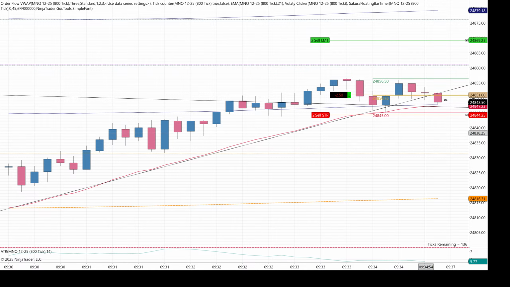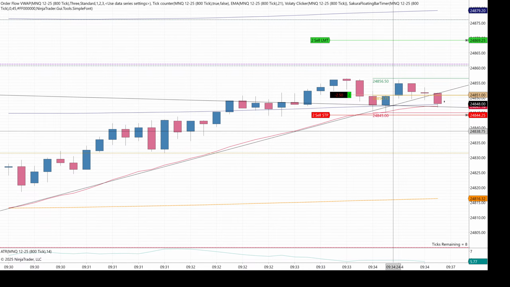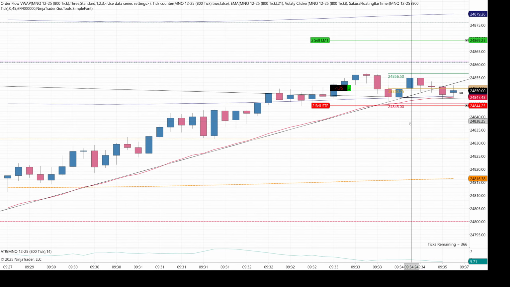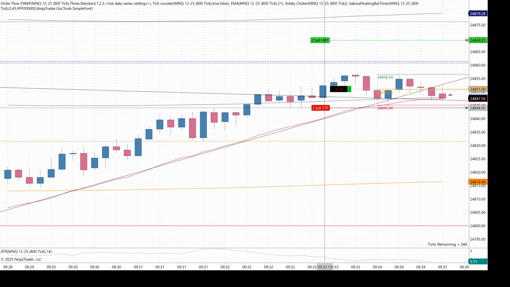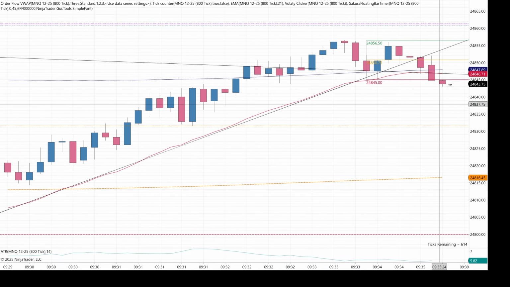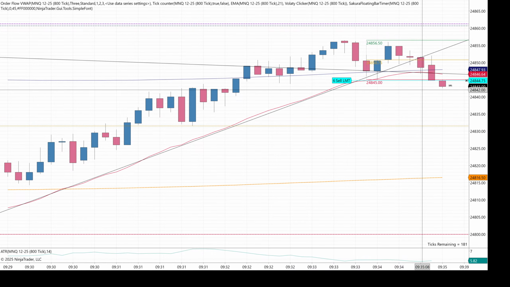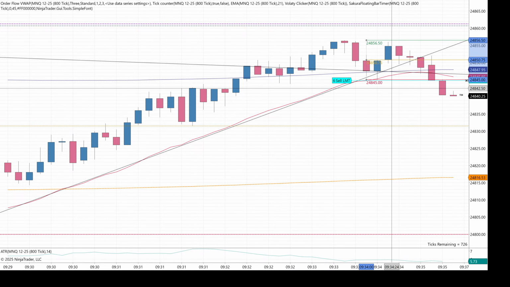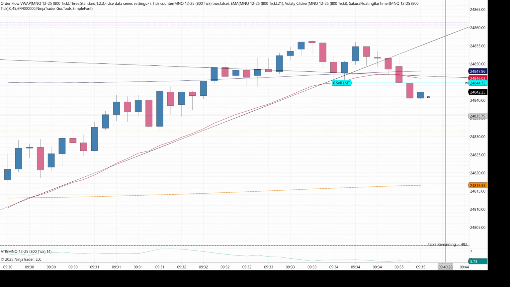Really sloppy start though, I won't lie to you. Yeah, it stinks. This is actually a short here, if we can come back up and grab it.